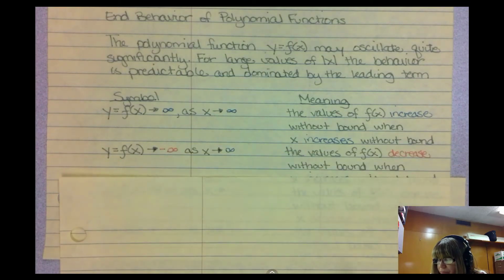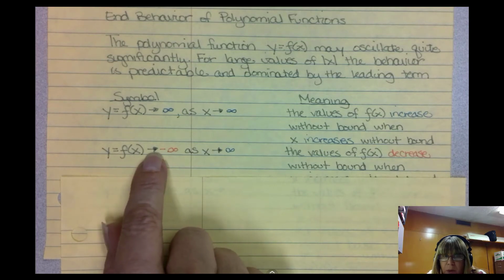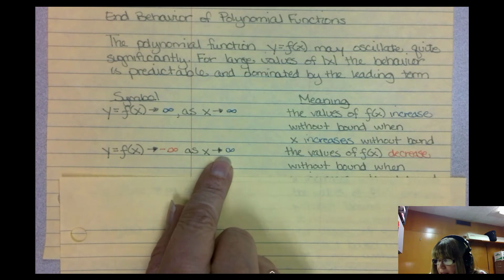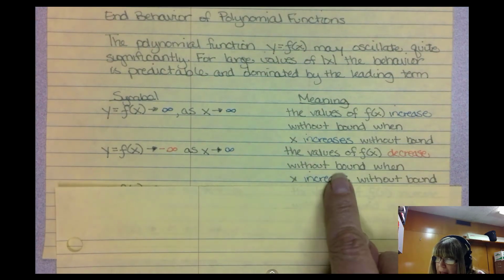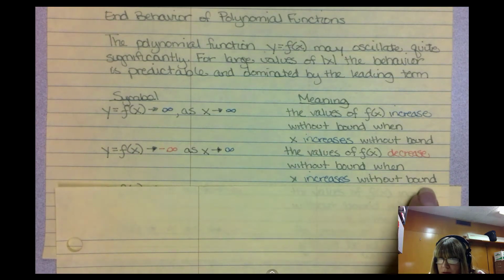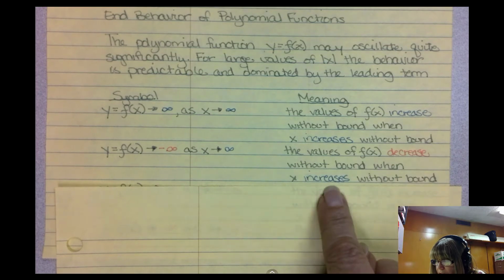Next, y equals f of x approaches negative infinity as x approaches infinity. This means the values of f of x decrease without bound when x increases without bound. So our function decreases when our x increases.